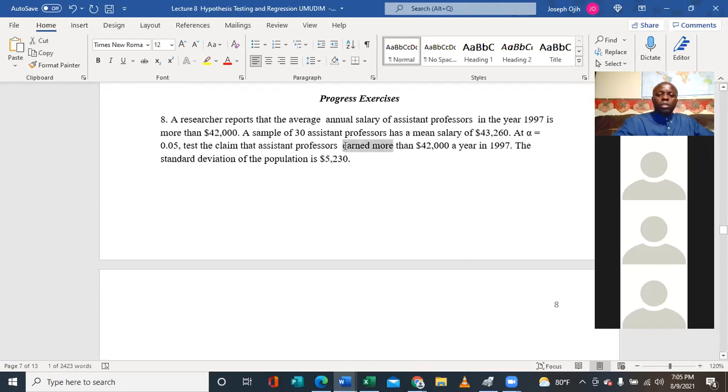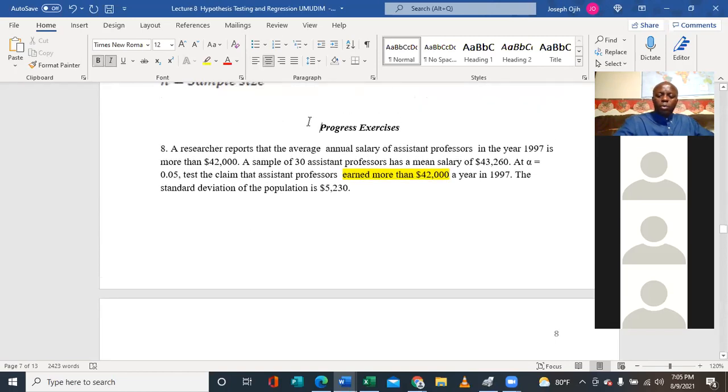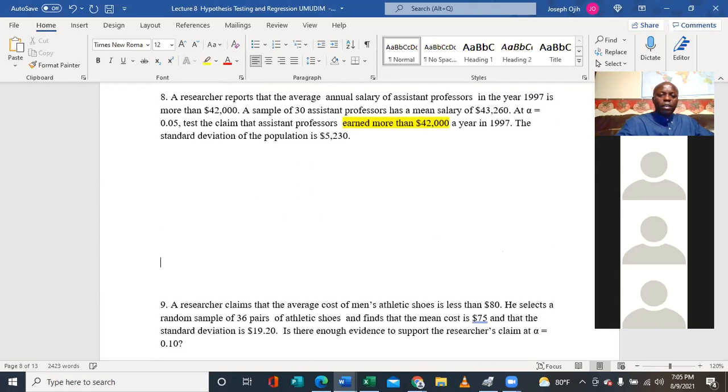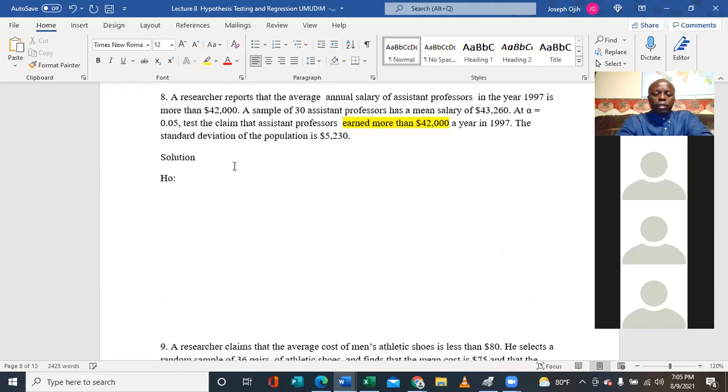Who can tell us what symbol to use here on this one? Greater. Exactly. So let me move this to a page where we can have more room. Solution. So let's state the hypothesis first, H0 and H1.